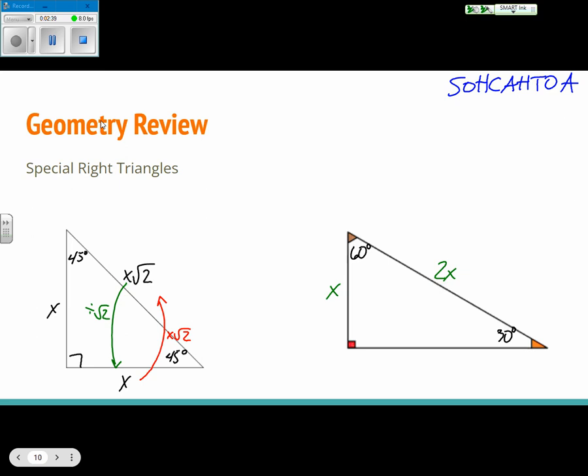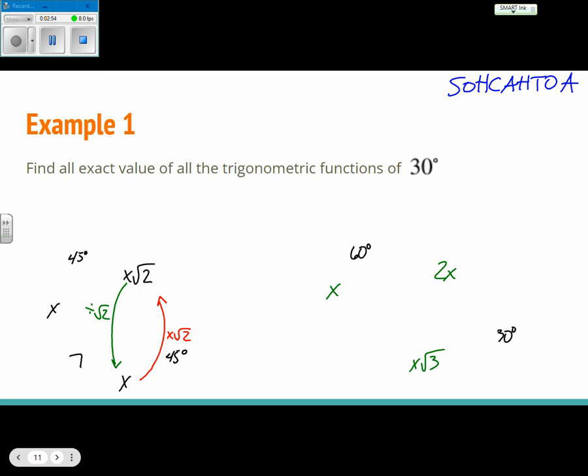Whereas if I'm going from the short leg over to the long leg, I need to multiply it by the square root of 3. So I'm going to leave that up there for just a second while I show you the first example of how we're going to expand this idea of what we did in geometry last year.